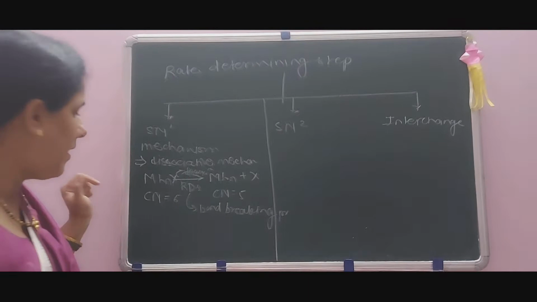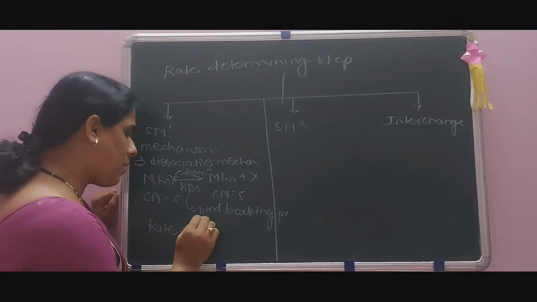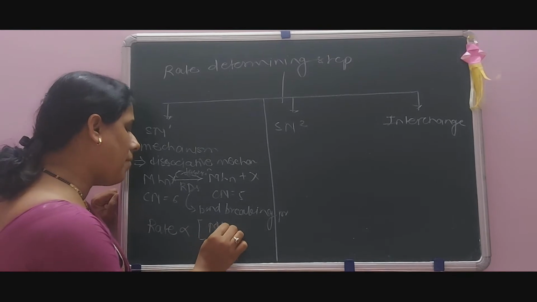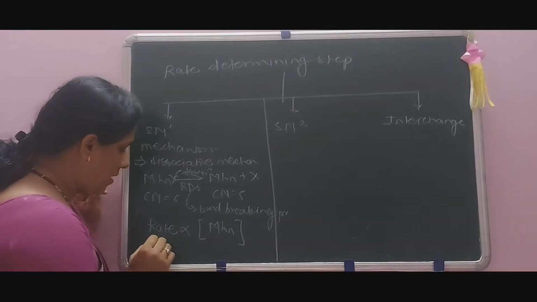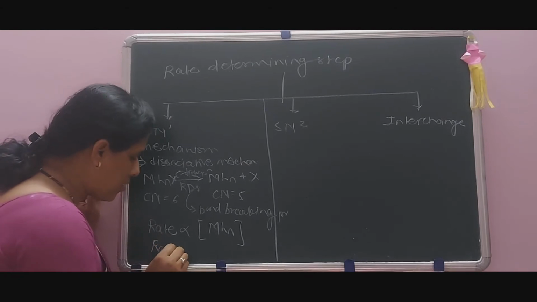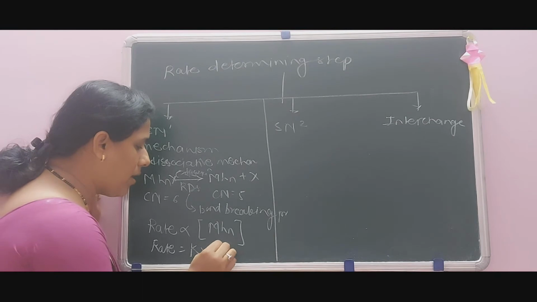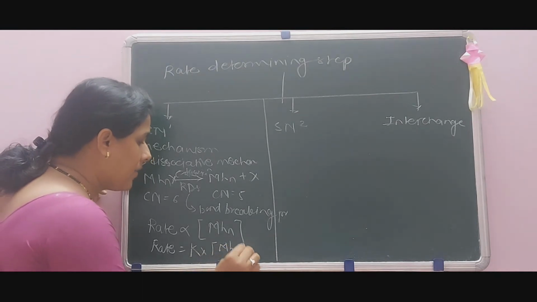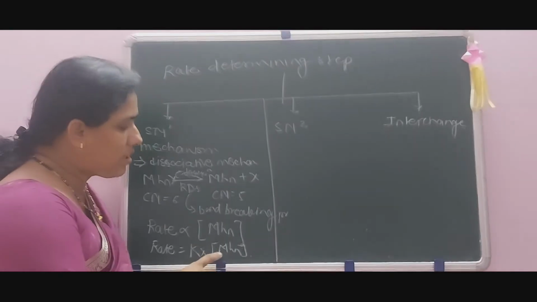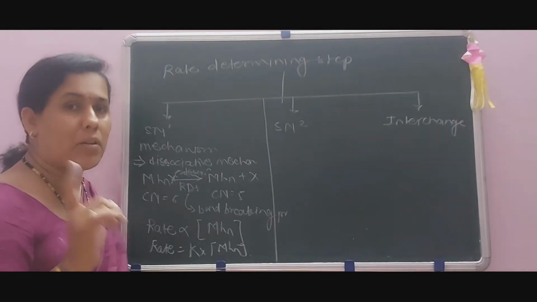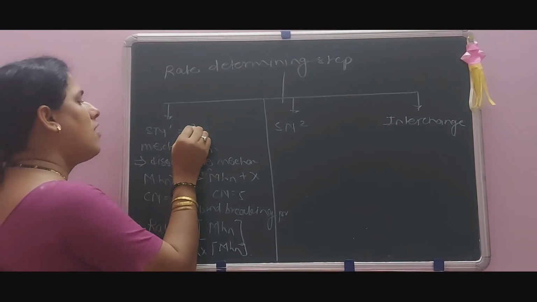As far as the rate is concerned, the rate is directly proportional to the concentration of M ln X. Replacing the proportion sign with a constant K, rate equals K times M ln X. As the rate depends upon only one concentration, this SN1 is of first order.